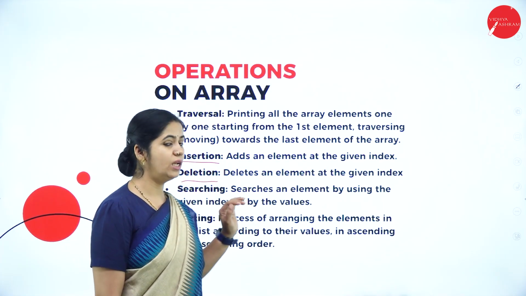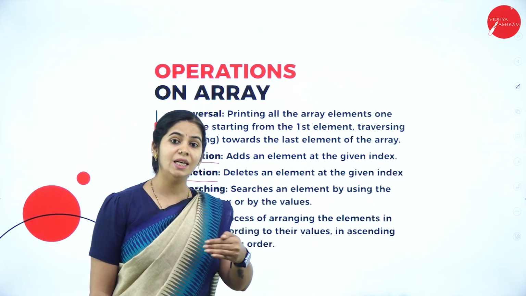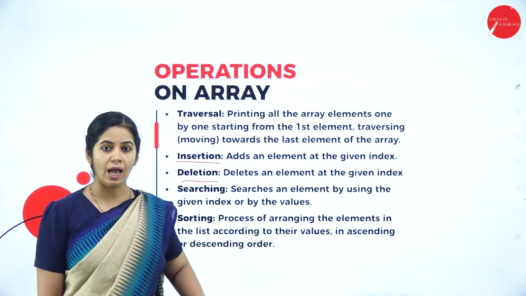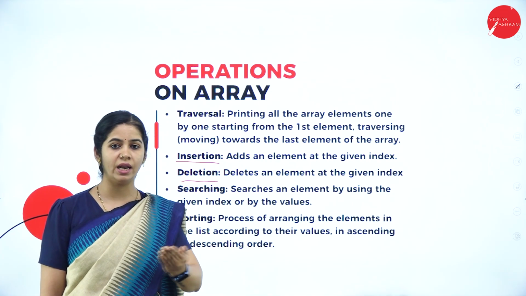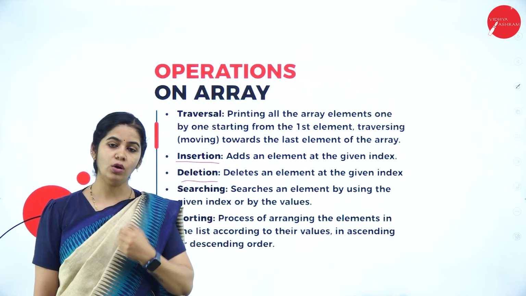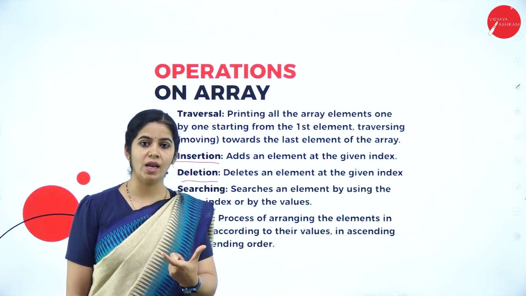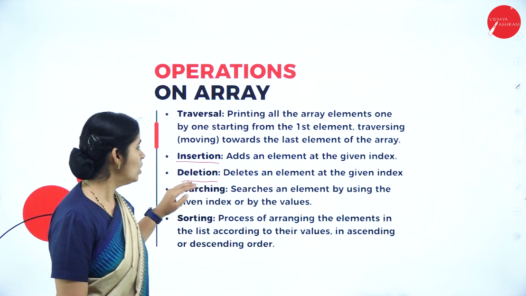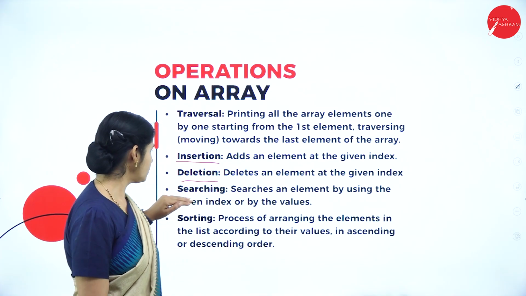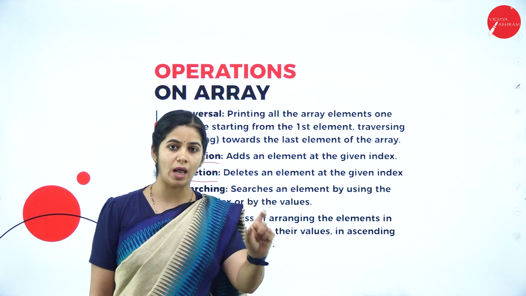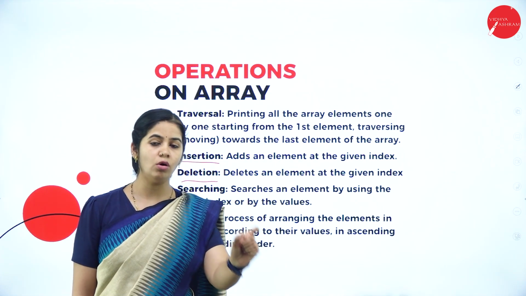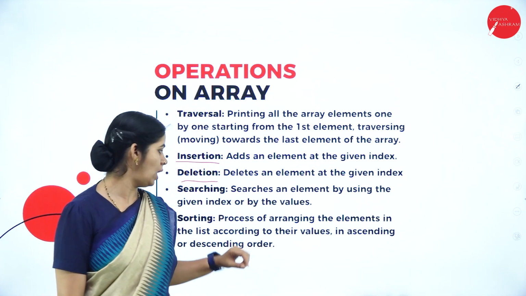You can insert at the beginning, at the end of the array, or at a particular index value where we want. Then deletion. Deletion is deleting a value of the array. If I have taken an array of 5 elements and I delete one element, the structure of the array will have 4 elements. Then searching means you can search for a particular index value or a particular element value within the array.